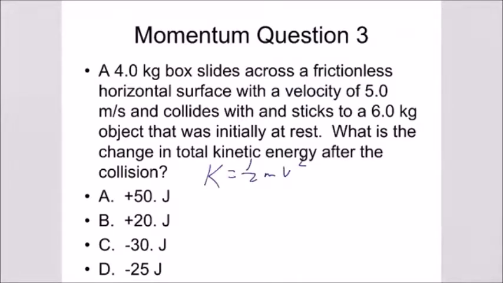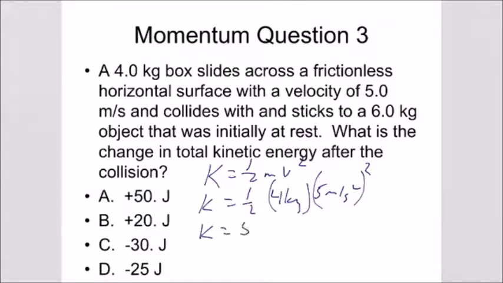So before the collision, we've got 1/2 times 4 kilograms times the velocity squared, 5 meters per second, all squared. 5 squared is 25, times 4 is 100, times a half is 50. Remember, this is energy, so we're talking about 50 joules. The 6-kilogram object doesn't have any kinetic energy because it has a velocity of 0. So this is the kinetic energy before the collision.